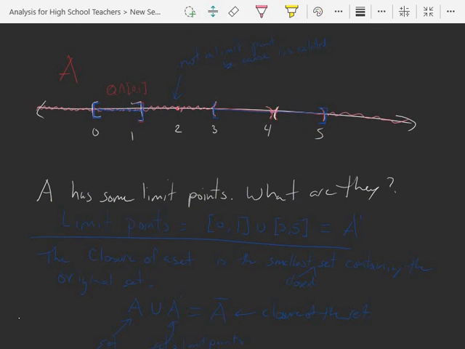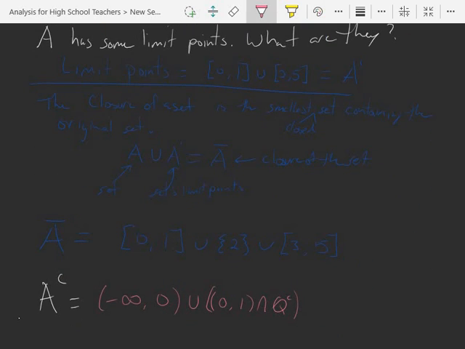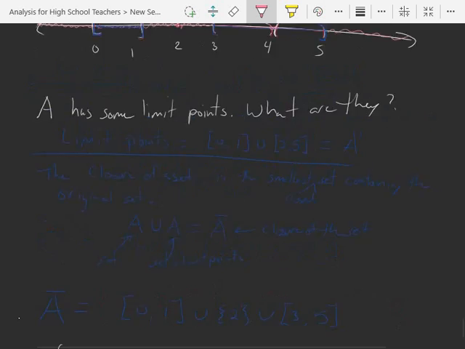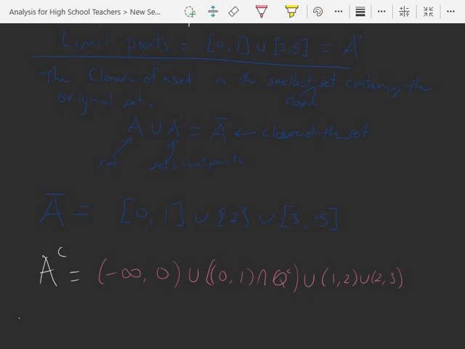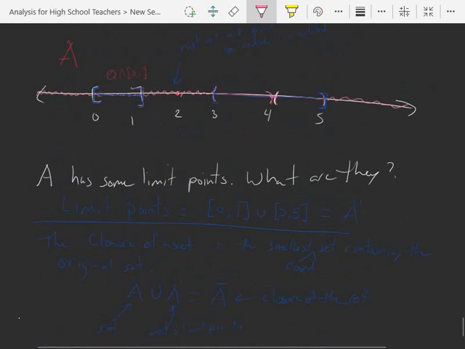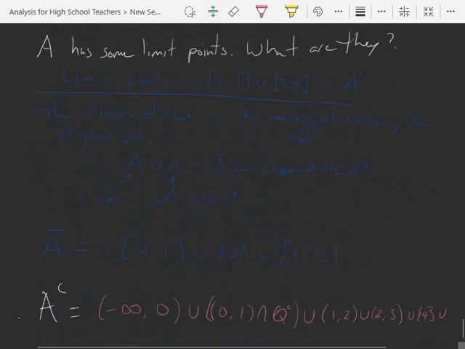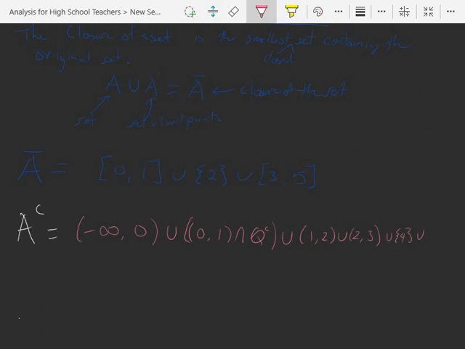What else do I have? I have everything between 1 and 3, but not 2. So I've got 1 to 2, 2 to 3, and then I've got 4 and things that are bigger than 5. So the complement of A is kind of a mess.